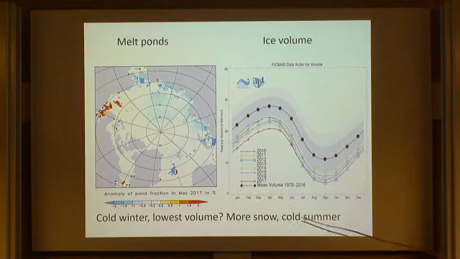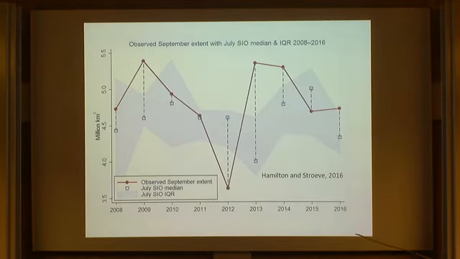We also had a bit more snow, since the warmer winter meant a bit more snow. We had a very cold summer as well, and so it stayed quite low.